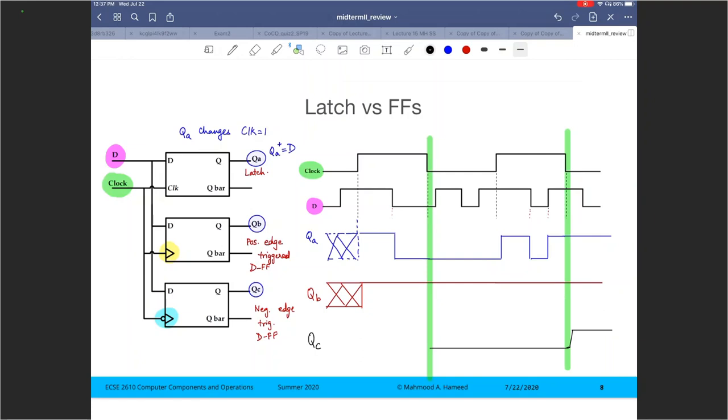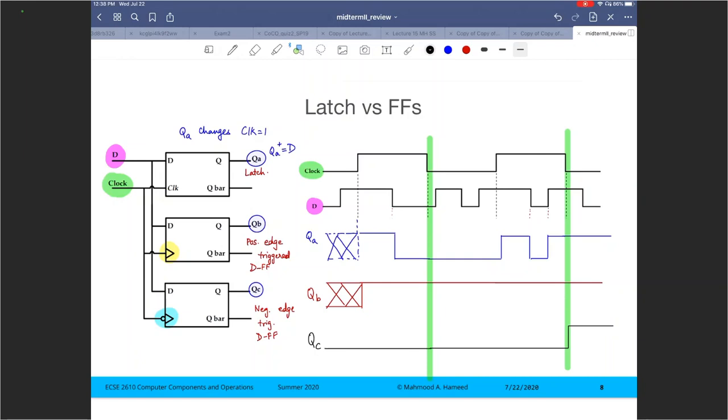So 0, well, to avoid any confusion, I can just do this. But before the first negative edge of the clock, I don't know what QC is going to be. Again, I can make an assumption that all output starts at a 0, in which case I just draw that.